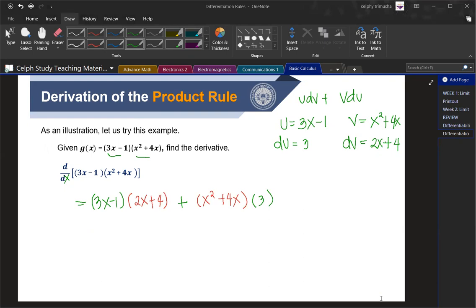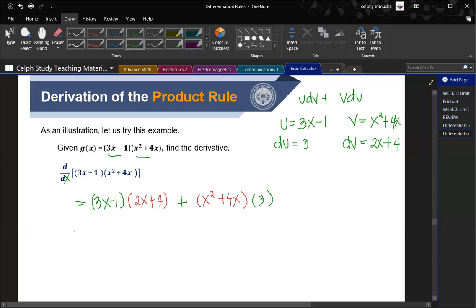Okay, so then expand na lang aton nga equation. So perform nato ng FOIL method dere. So we have 6x squared plus 12x minus 2x minus 4 plus 3x squared plus 12x.